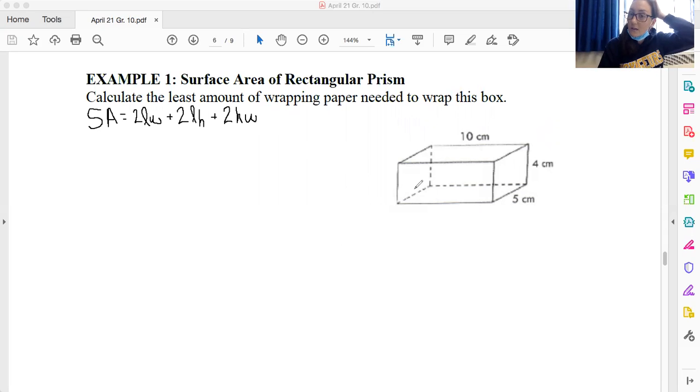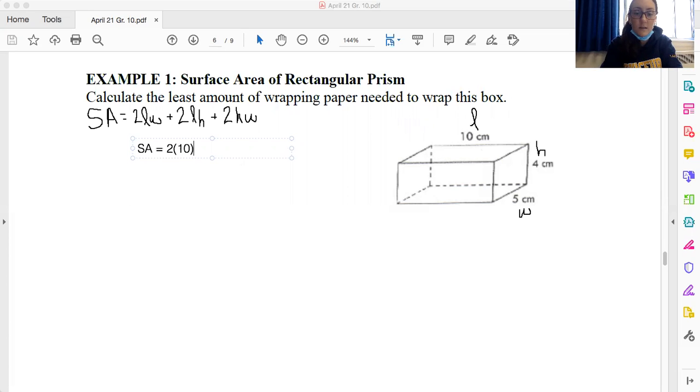Okay, so if you look here, we've got our length that is here, we've got our height that is here, and our width. So you're just going to go through the formula and add those numbers into where they belong. I'm going to type this out because it's a lot easier. So surface area equals 2 times, you're going to look where the length is.